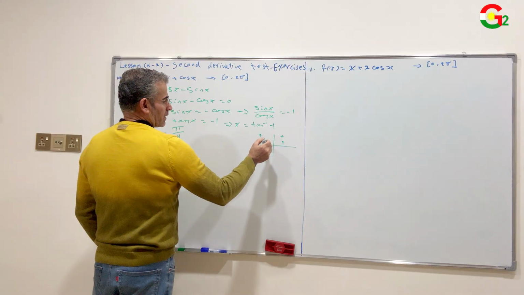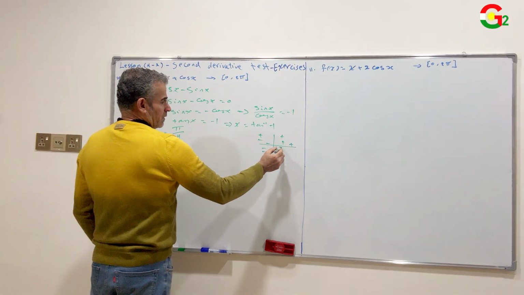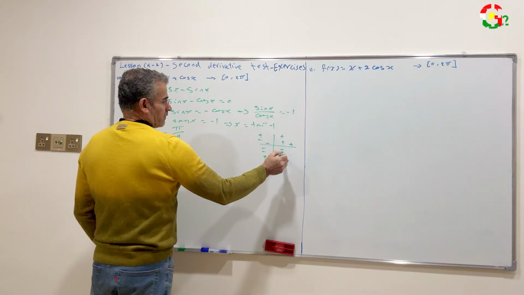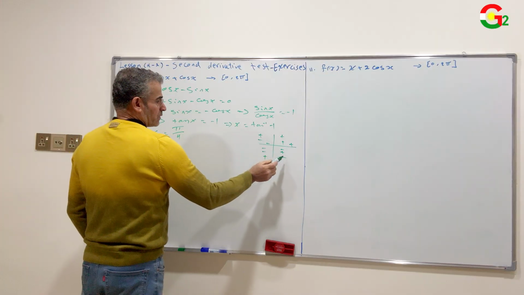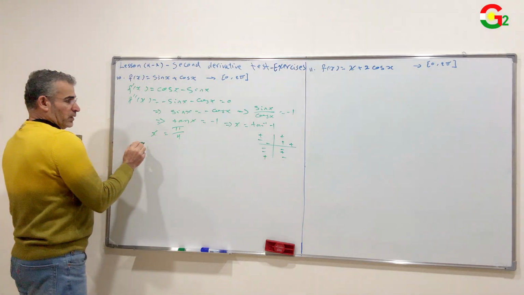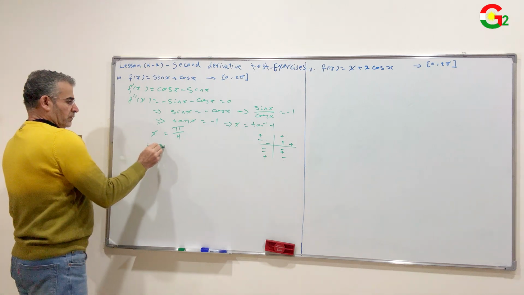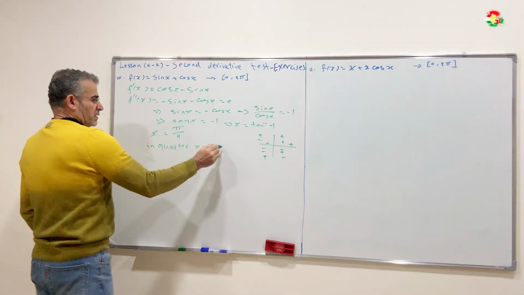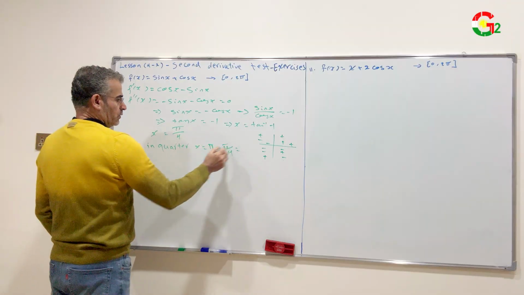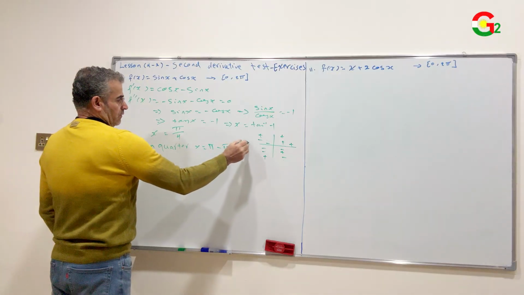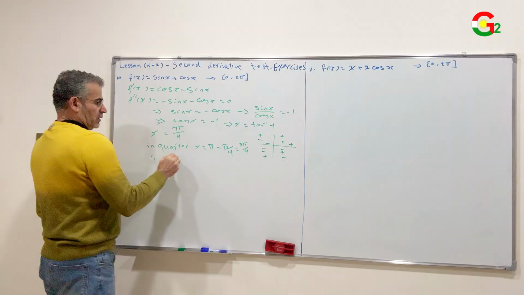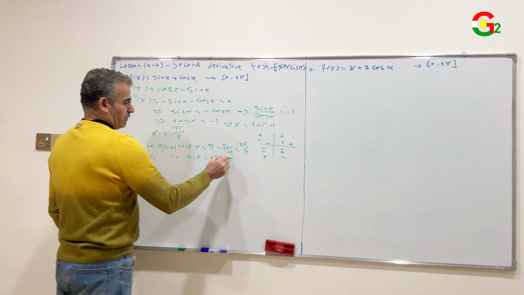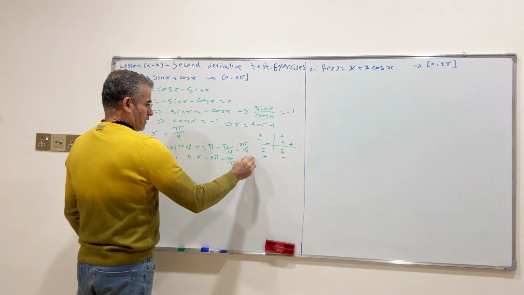In the fourth quarter, the sine is negative, cosine is positive, then tan is negative. In quarter 2, x equal to pi minus pi over 4 equal to 3 pi over 4. In quarter 4, x equal to 2 pi minus pi over 4 equal to 7 pi over 4.